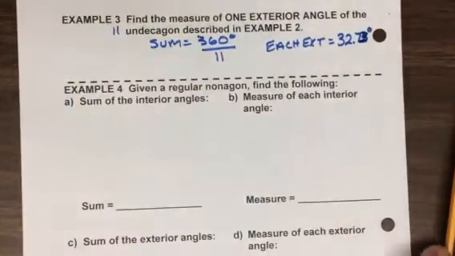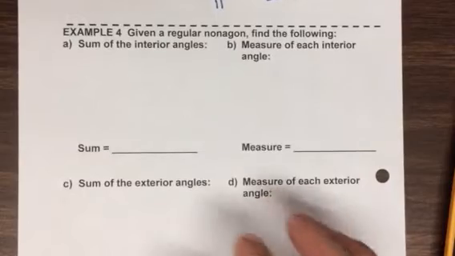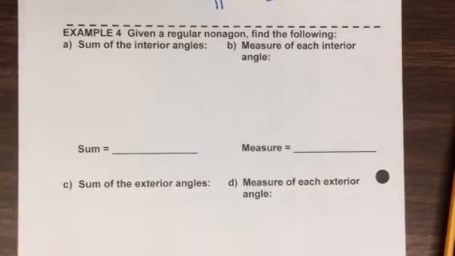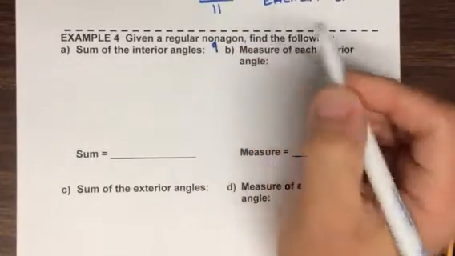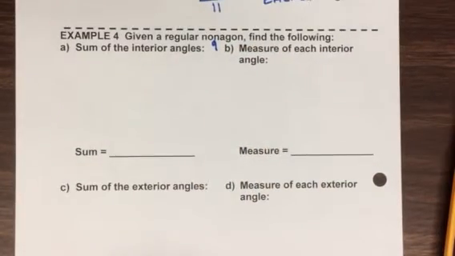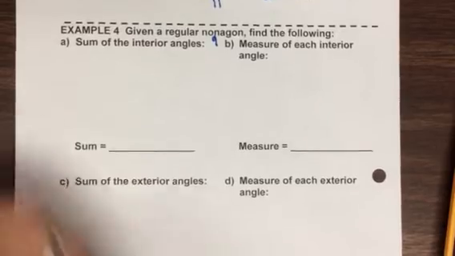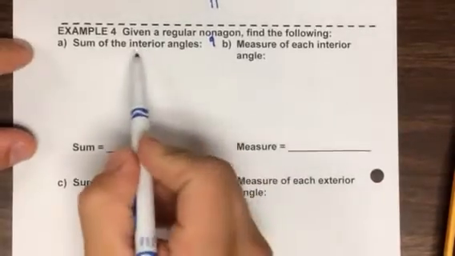So, looking down at example number 4, I suggest that you give it a try on your own. Example 4, given a regular nonagon. Nonagon is a 9-sided figure. Find the following. The sum of the interior angles, and this is where it's real careful.